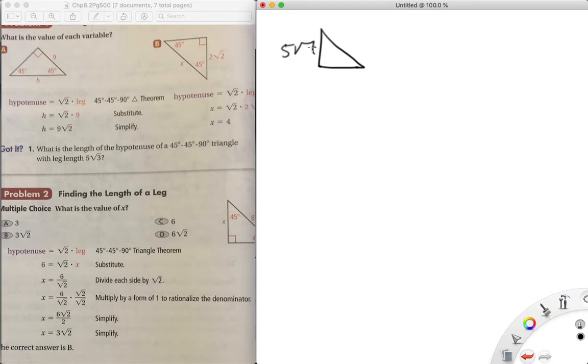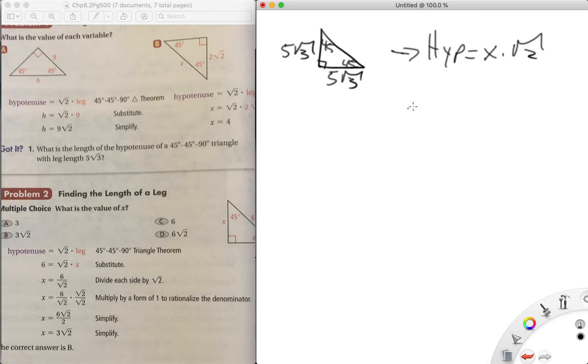So this is 5 square root 3, this is 5 square root 3, and they want to know what this side is. We know that the hypotenuse is equal to the leg times the square root of 2.